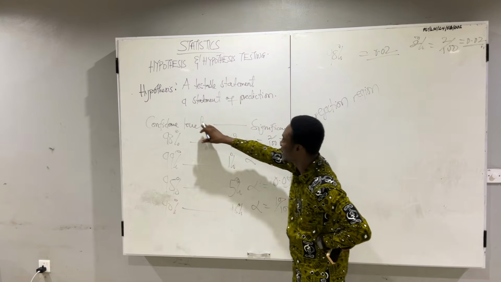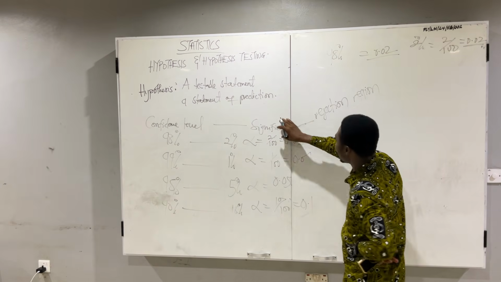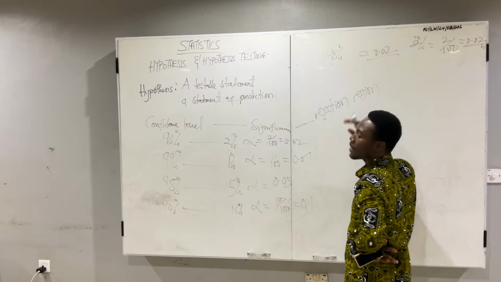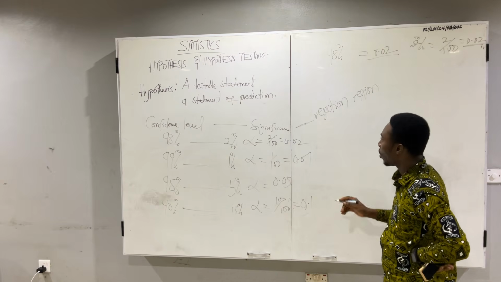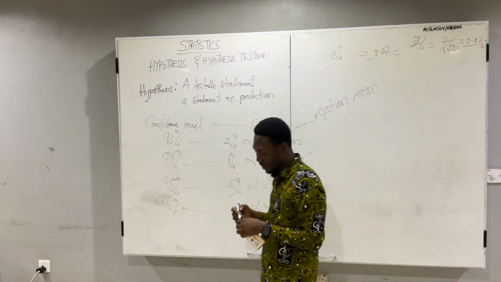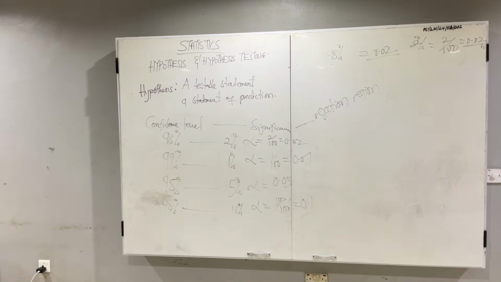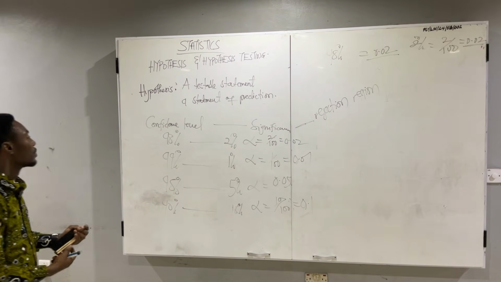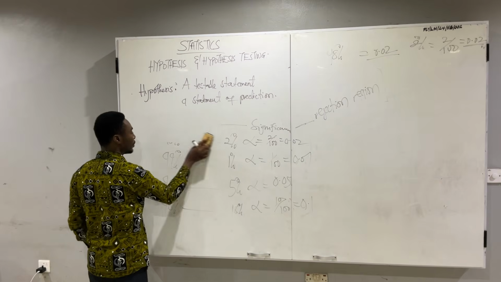Meaning, if your statistical test progresses to the significance level, you reject the null hypothesis. So we call it the rejection region. This is the rejection region in every statistical analysis. Is that okay? Great. So let's proceed quickly.